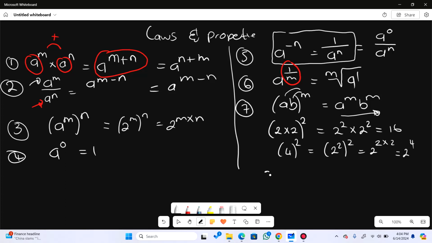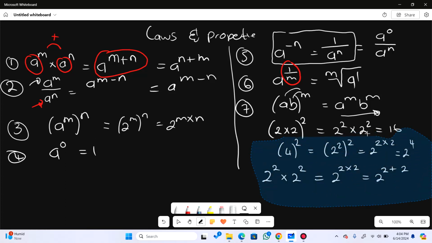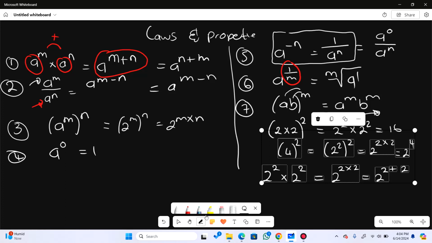Now I had 2 squared times 2 squared being equal to 2 squared times 2 squared, but again is the same as 2 plus 2 squared. So that math is very nice. If you're able to play with this, you will see some weird things, but yeah. I hope that you understand property number 7.